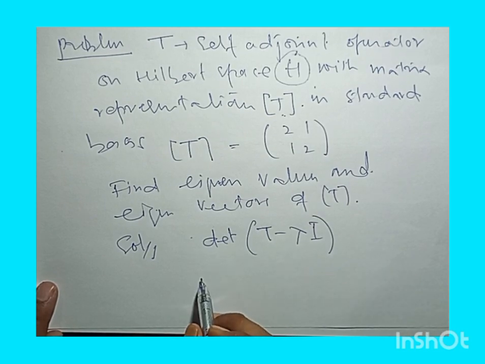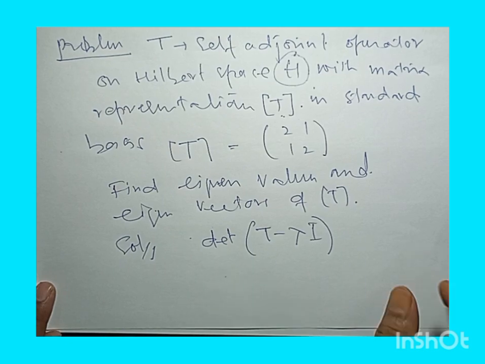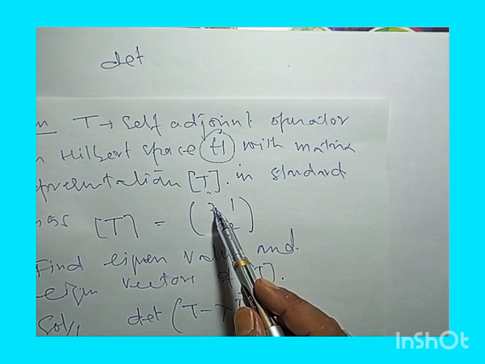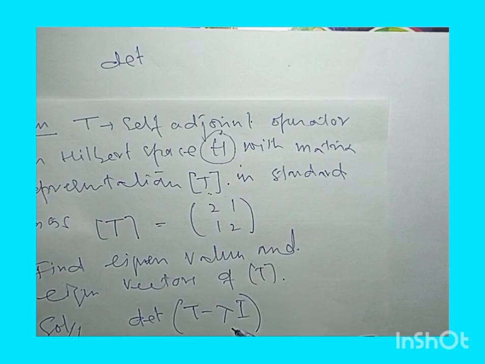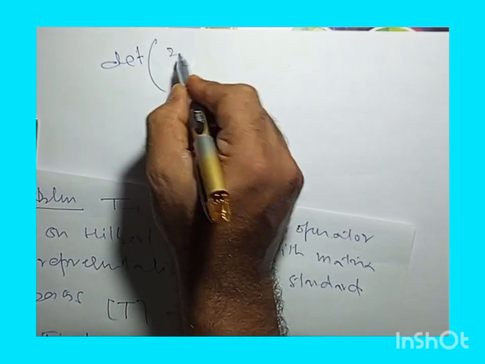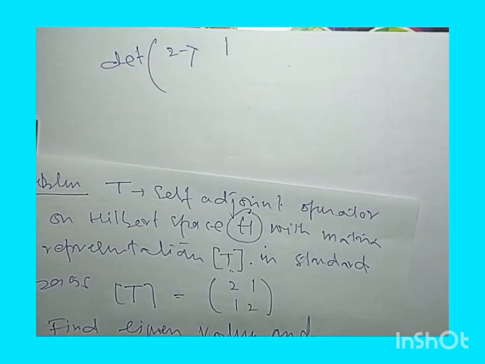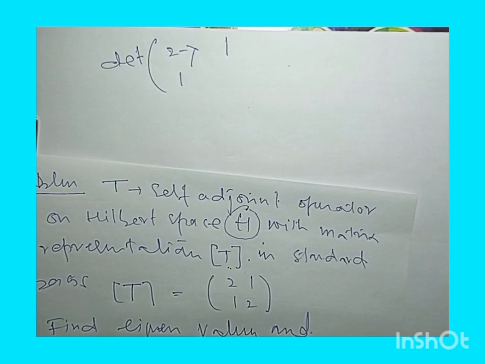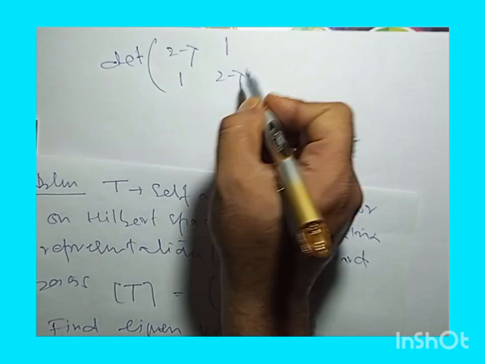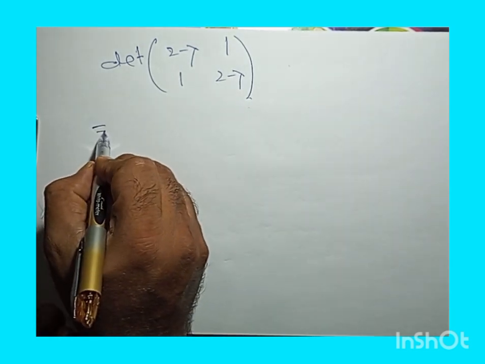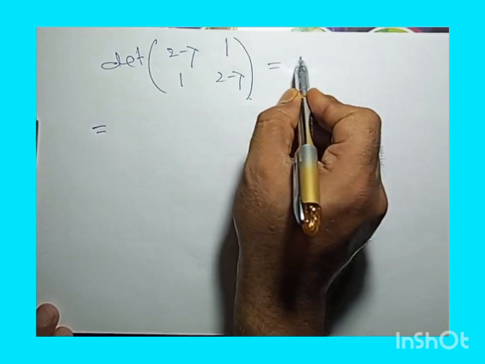So what will that be? The determinant with 2 minus lambda here, then 1 here, then 1 here again, and then 2 minus lambda here. Now we can solve this determinant, and it has to be equal to 0.